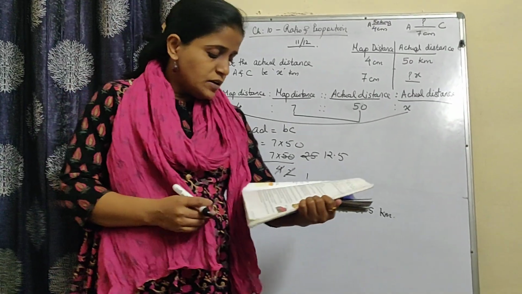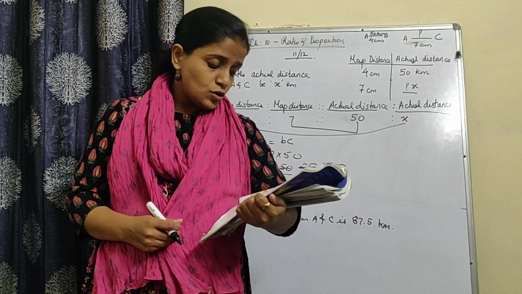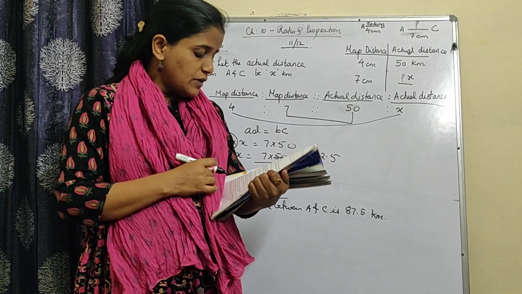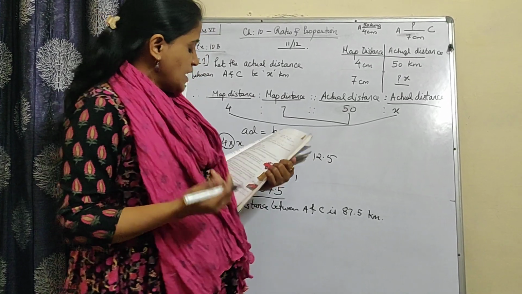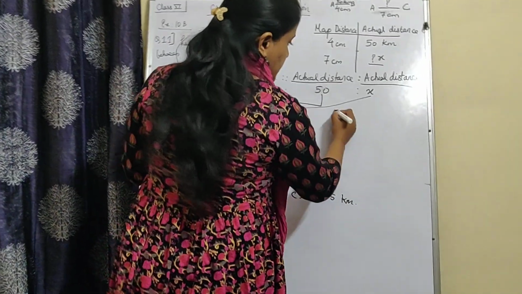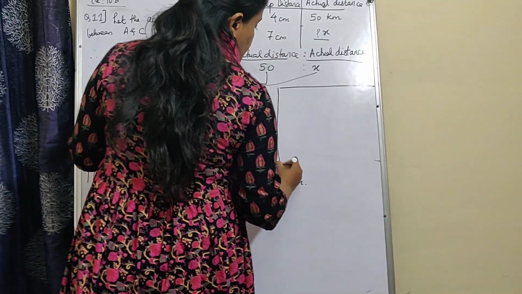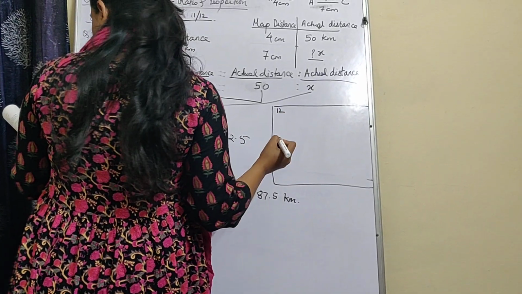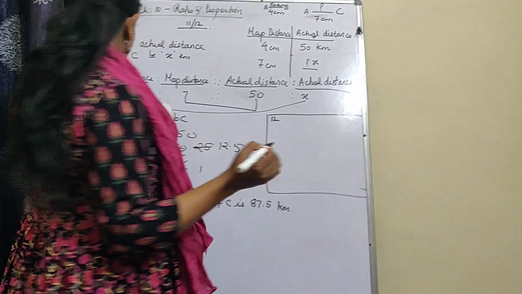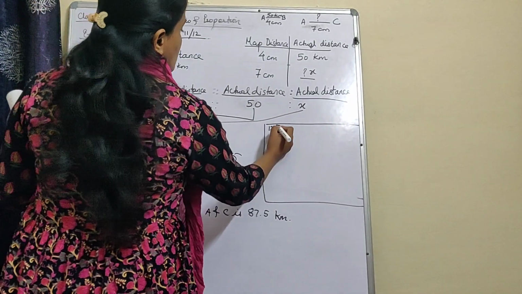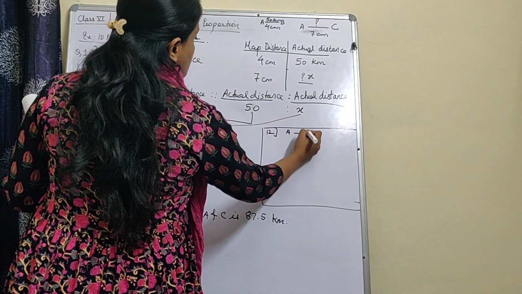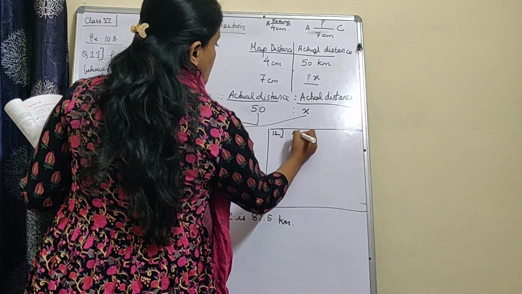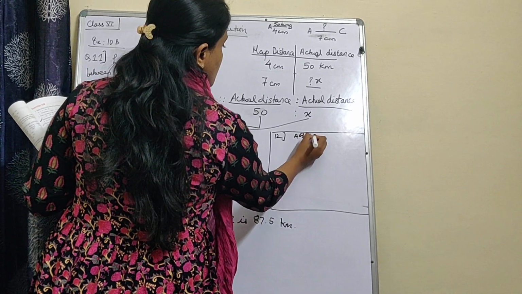Now let's go to question number 12. Question number 11, you are going to solve it. Have a look on the board and then you can copy down. For question number 12, I am writing it here, okay children. Question number 12 says that the distance of 62.5 kilometers between A and D. This 62.5 kilometers means actual distance.